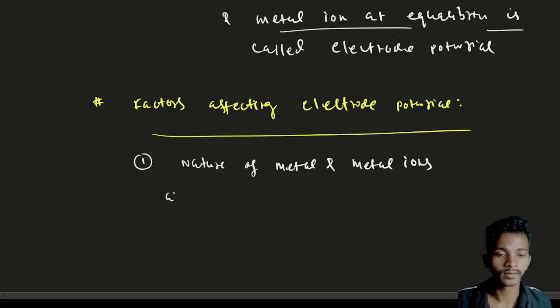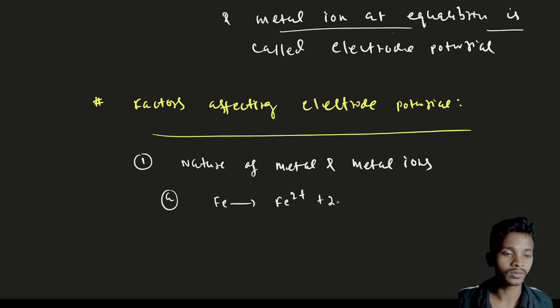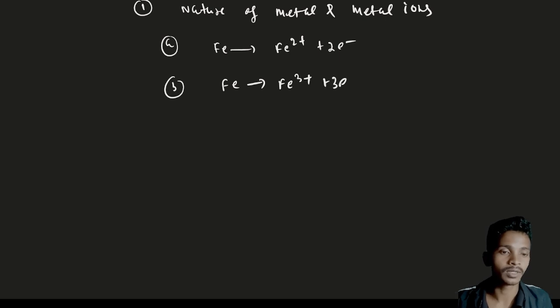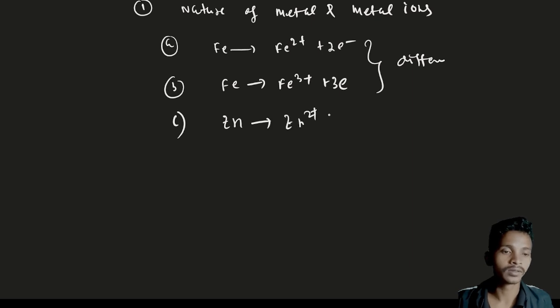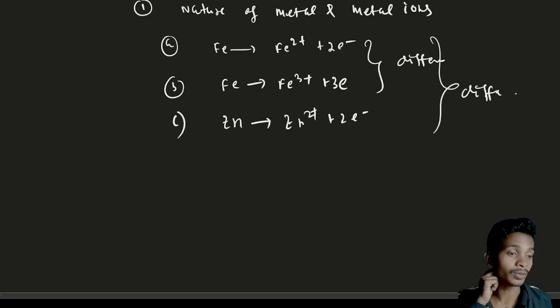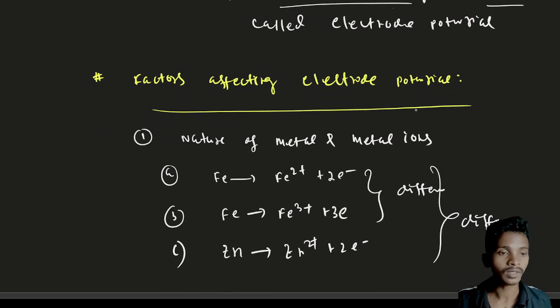Let's say Fe oxidized to Fe2+, and the same metal oxidized to Fe3+ plus 3 electrons. The nature of these will be different. And if I say Zn, these all will differ. So the nature of the metals will differ, and the electrode potential will differ for all three cases.